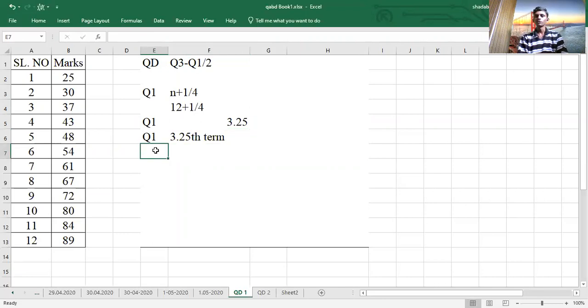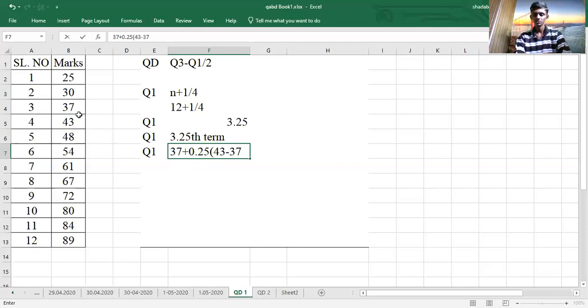For getting this value, we have to do another step. Q1 equals the third term value, 37, plus 0.25 times the difference. We get this difference between 43 and 37, so 43 minus 37, which is 6.